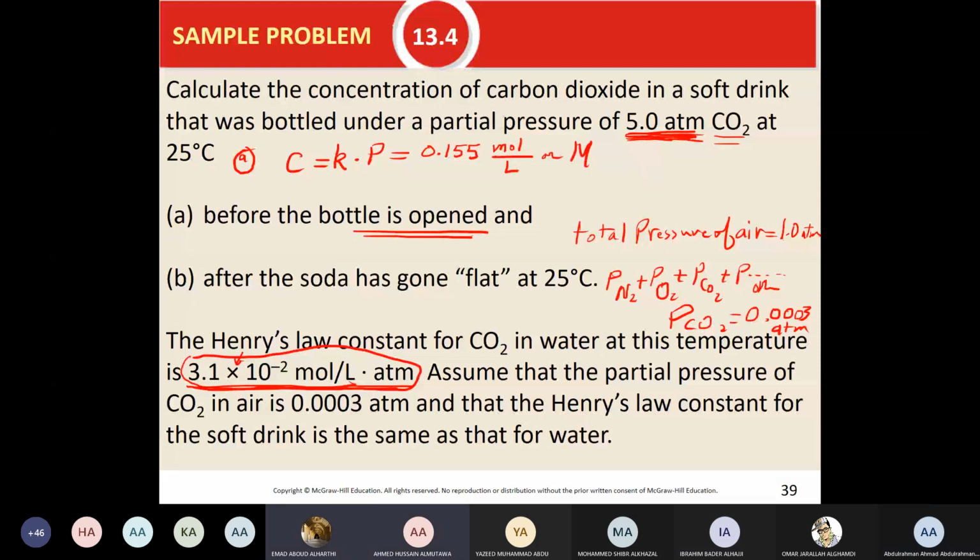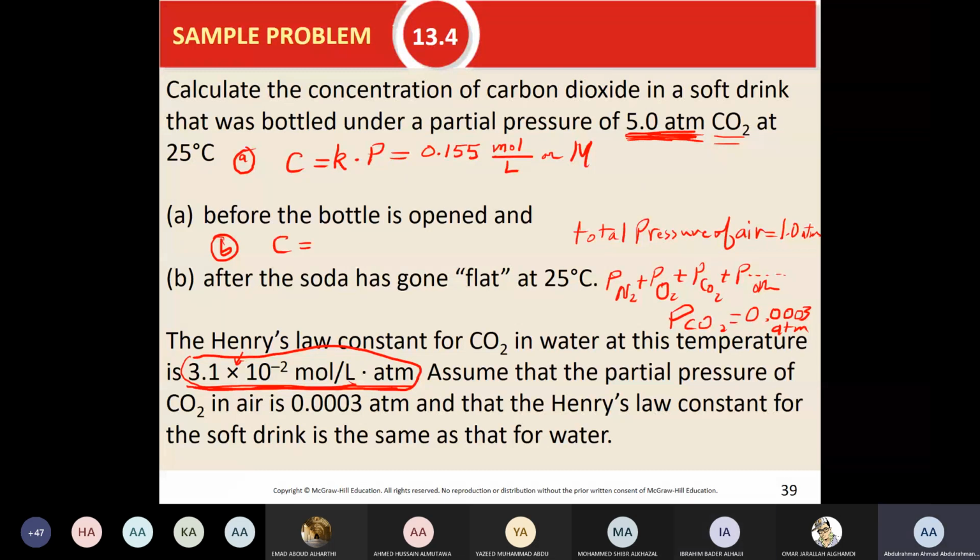Clear? What's the concentration after we open it? We want to solve B. What's the concentration after opening? C equals what?